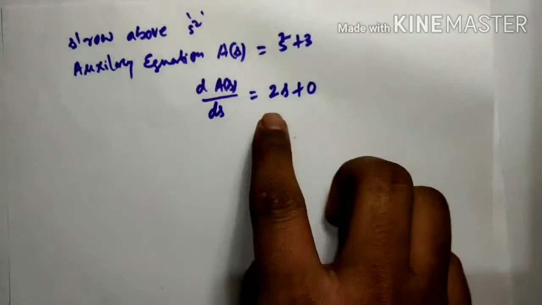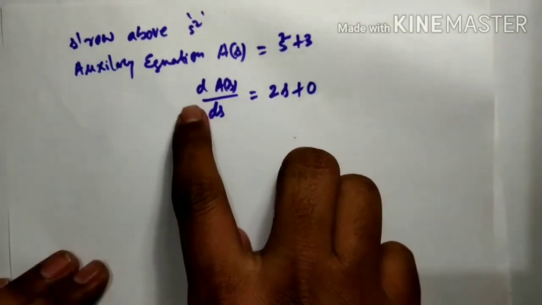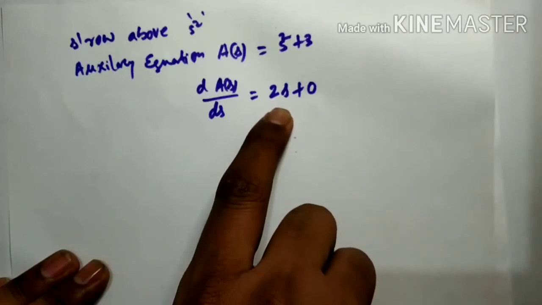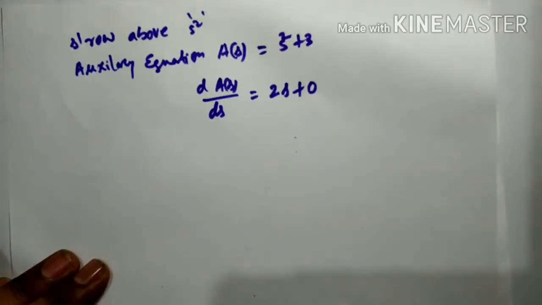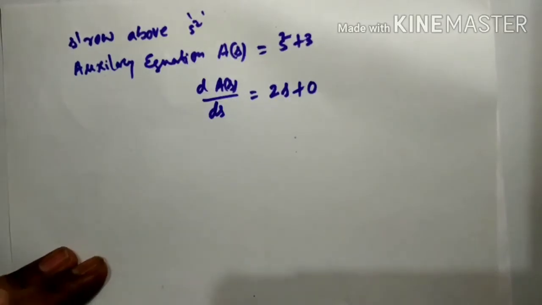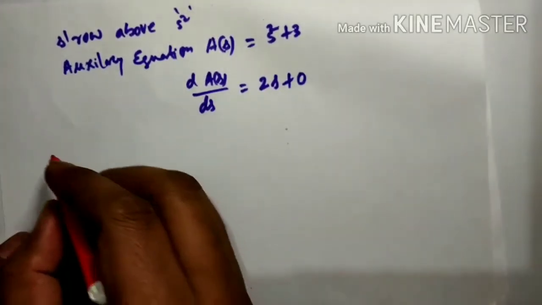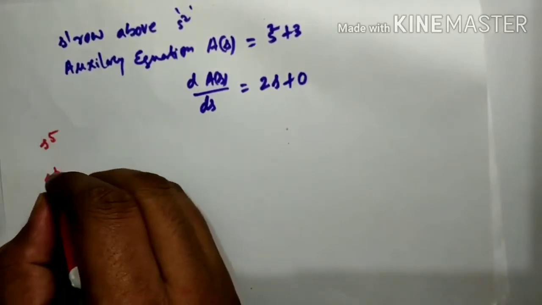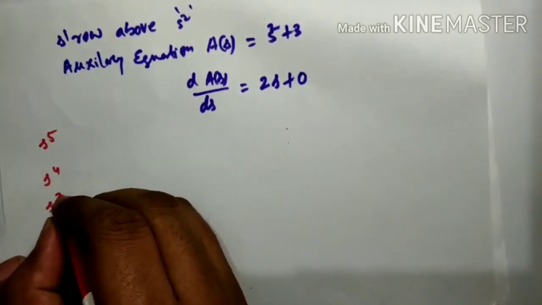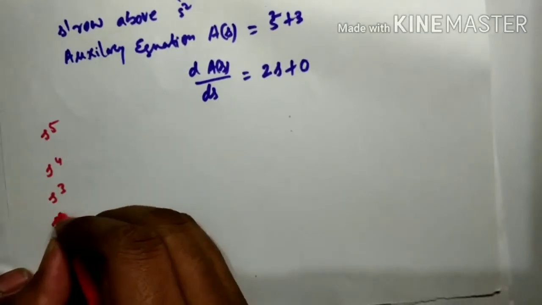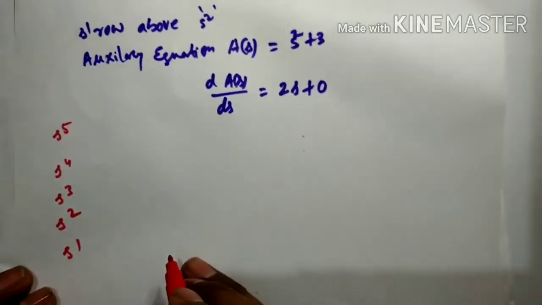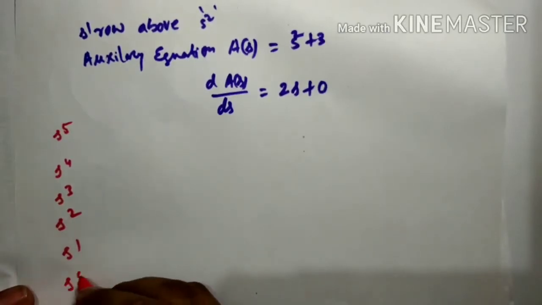So here in the s square row, you just take 2s and 0, right? So I am going to write this formulation again. Here I write s power 5, s power 4, s power 3, s square, s power 1, and s power 0.